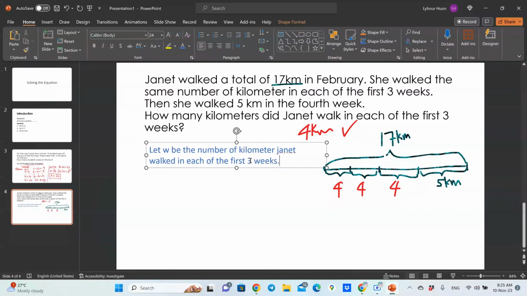Okay, so we let a variable w be the number of kilometers Janet walked in each of the first 3 weeks. How can we write these equations?